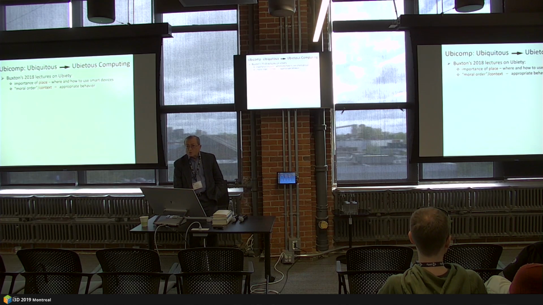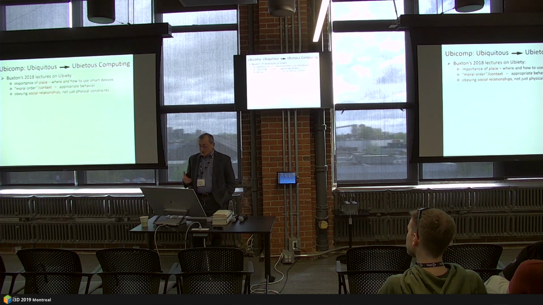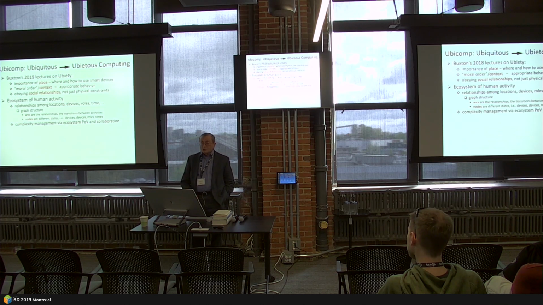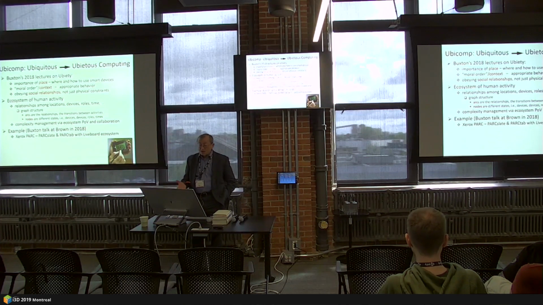So what is appropriate under what circumstances is all part of sense of place. So it's not just about the gadgets, it's about these complex relationships. Then you get a kind of graph that builds up out of capturing the context and the relationships. And I see it as a complexity management problem.